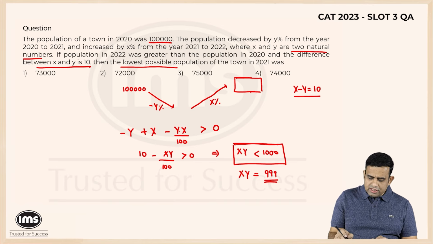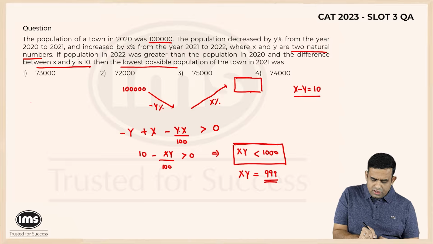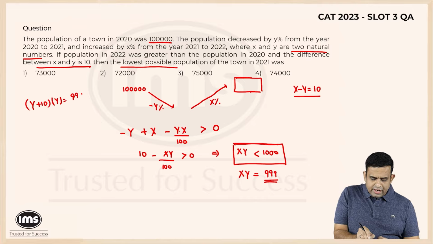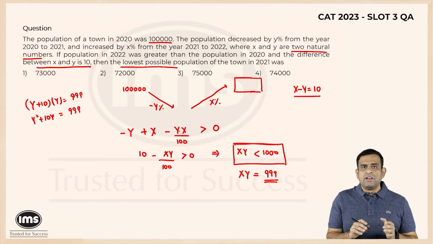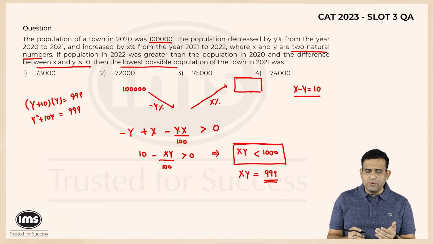So what I can do in this particular case is X becomes equal to Y plus 10. So (Y plus 10) into Y equals 999. Y square plus 10Y equals 999. Now I can use the quadratic formula, or I can also think of completing the perfect square.